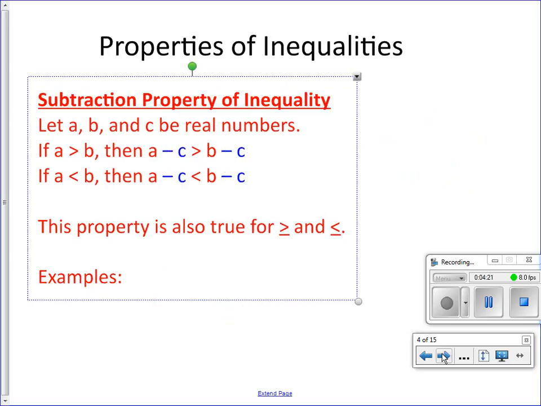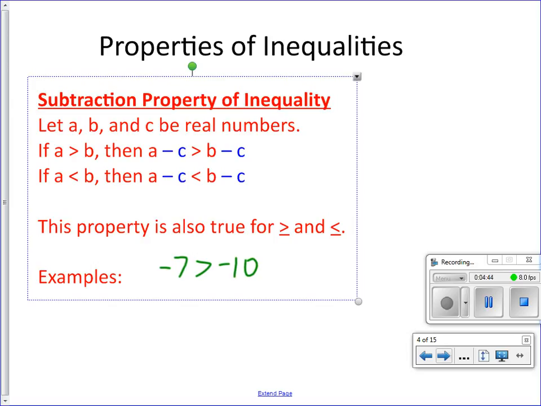The same is true with the subtraction property of inequality. If we subtract the same number from both sides, then we still have a true inequality. A couple quick examples. Let's take negative 7 is greater than negative 10.